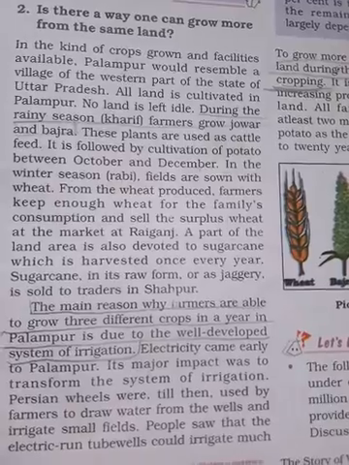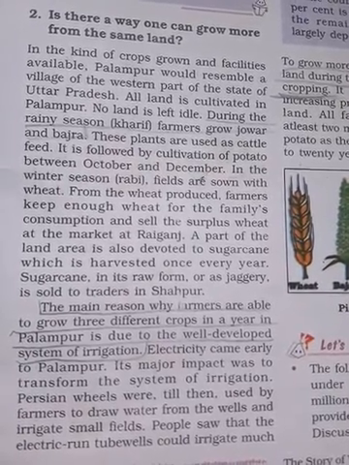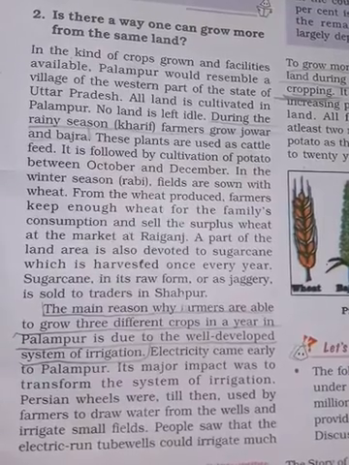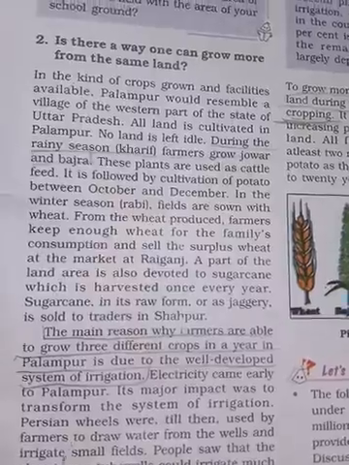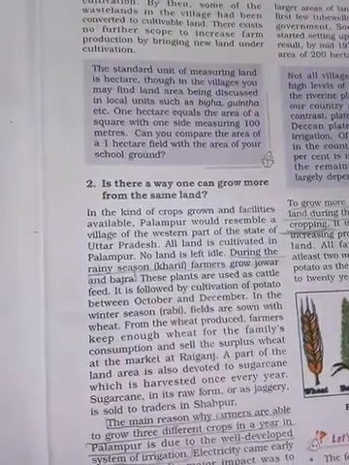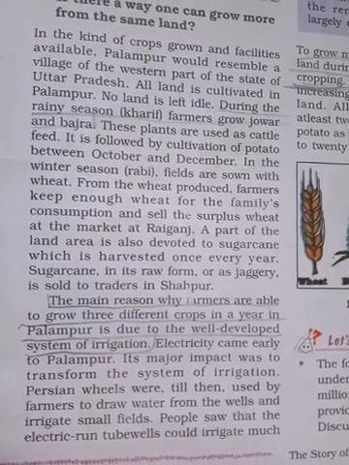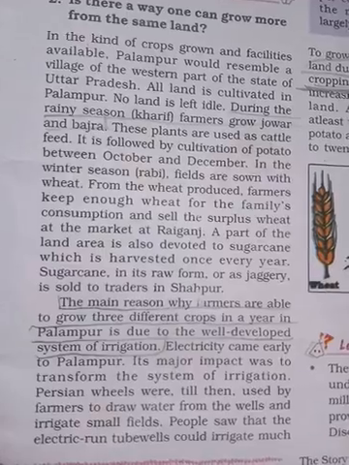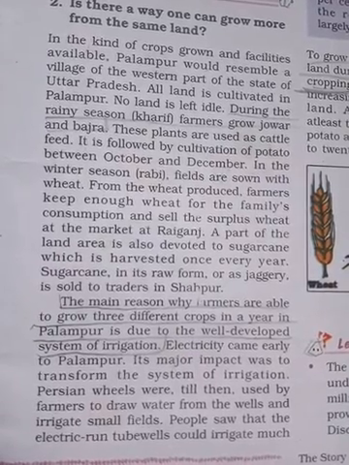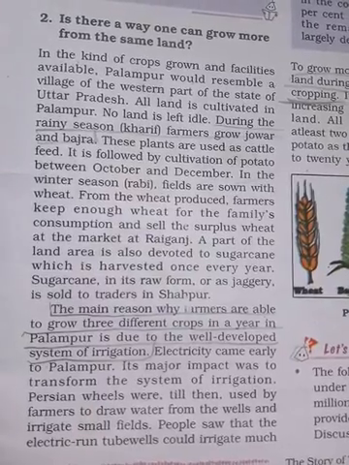Its major impact was to change the system of irrigation. The Persian wheel was used by the farmers to draw water from the well and irrigate a small field. People saw that electric run tube wells could irrigate a much larger area more effectively.